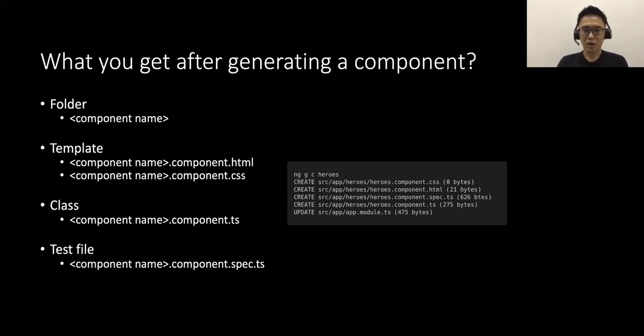The class will be component name dot component dot ts, ts stands for TypeScript, and the test file is component name dot component dot spec dot ts. This test file is for you to write unit testing or end-to-end testing. But in this session, I won't cover the test, so you can just ignore this one.